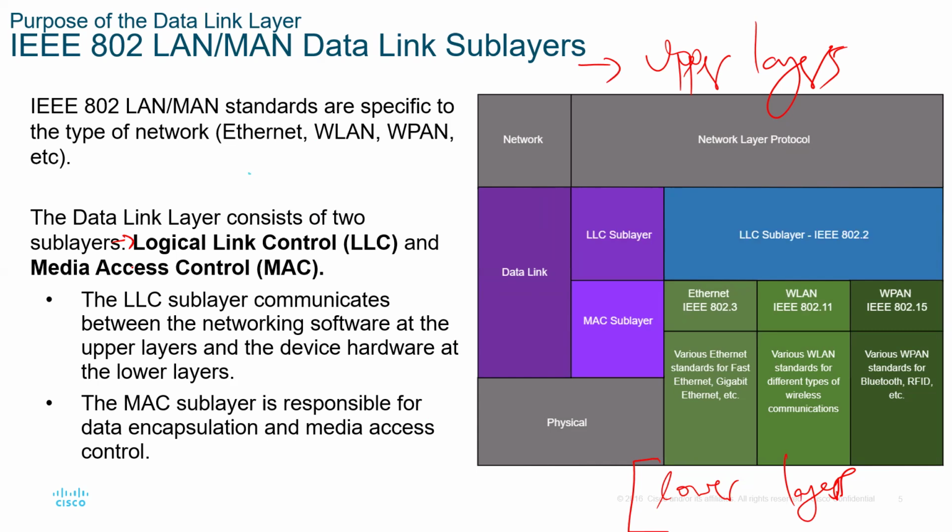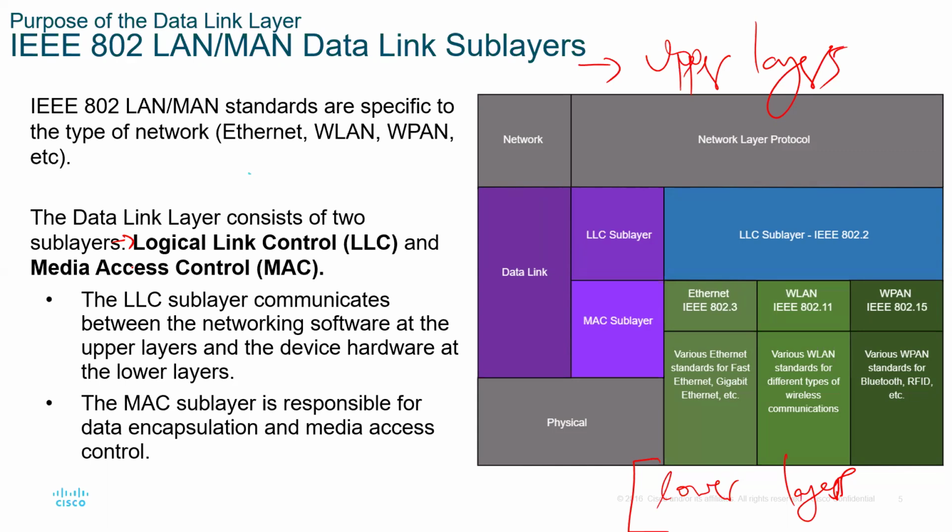So the logical link control, its main job, translation, making the hardware understand what the protocols are saying, what the software is saying. Even if you have different types of vendors, different types of media, there is a layer which is responsible for having the software being understood by the hardware. That is the LLC.